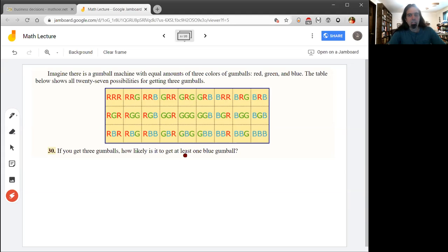So we could ask a question like, if you do get 3 gumballs, how likely is it to get at least 1 blue? So we need to find all the ones that have at least 1 blue. Maybe I should even put numbers. 1, 2, 3, 4, 5, 6, 7, 8, 9, 10, 11, 12, 13, 14, 15, 16, 17, 18, 19.